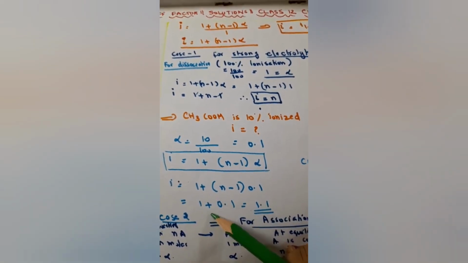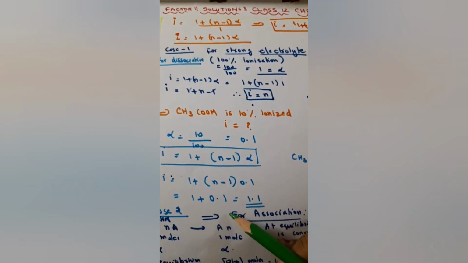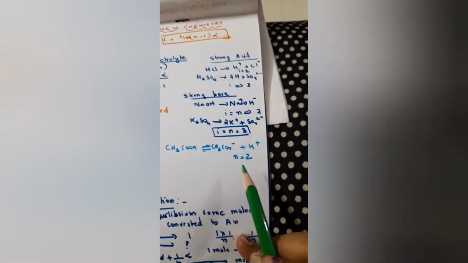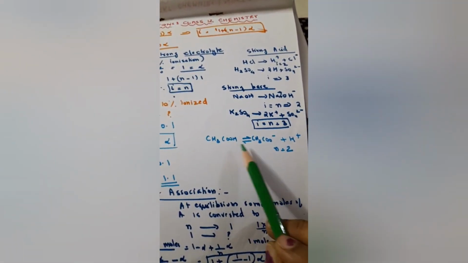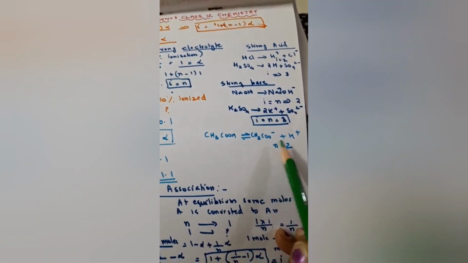Now let us take the formula. What is i? We wrote it here already, i is equal to 1 plus (n minus 1) into alpha. So we will substitute. What is alpha? 0.1. So 1 plus (n minus 1) into 0.1. Here we calculated n as 2, because when acetic acid dissociates, you will get 2 moles.